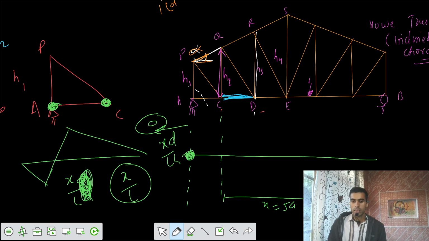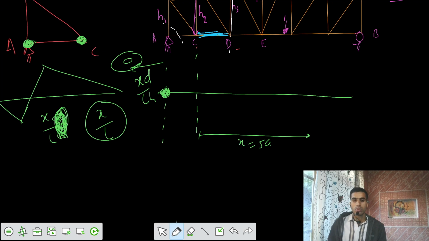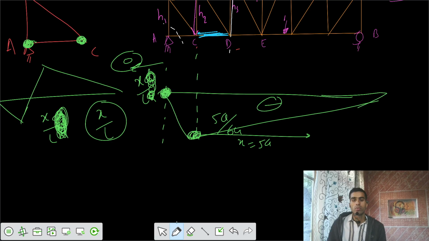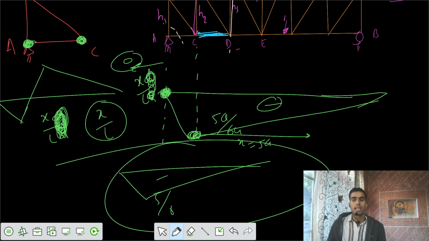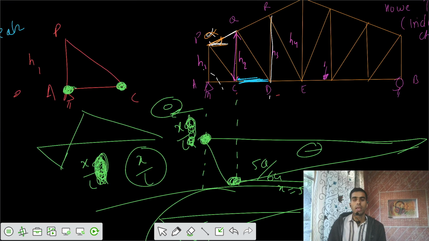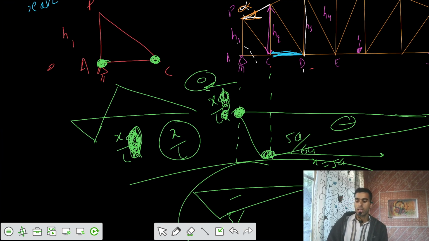So only x by l, and at this level we have the ordinate of 5a by 6a negative. Then you join them. So this is your variation. Finally the diagram is this one, 5 by 6 negative ILD for member PA. So this was the end of those tricks.